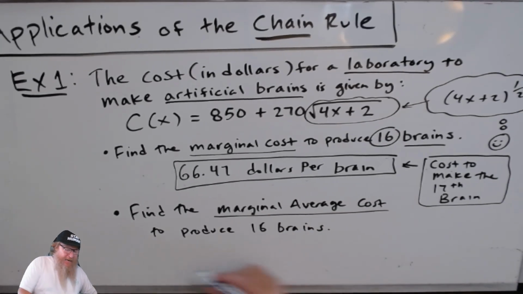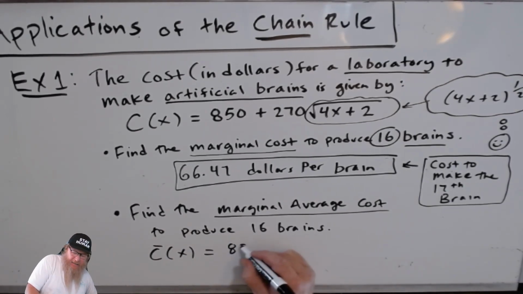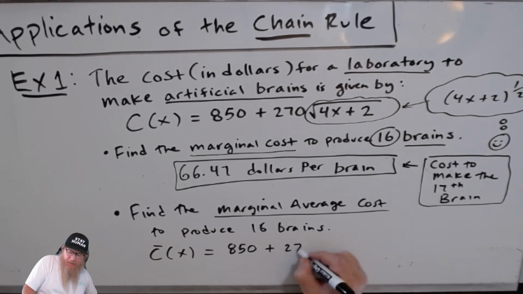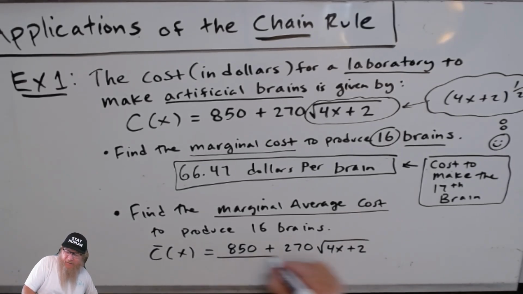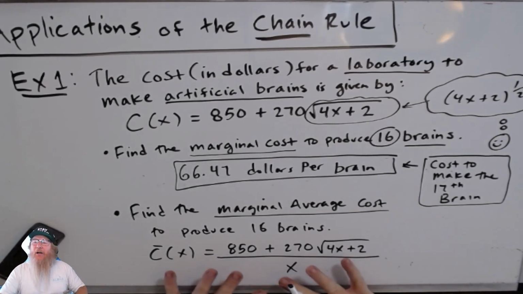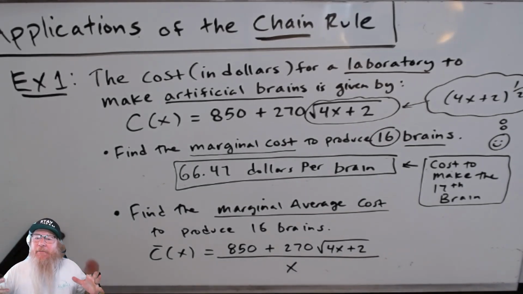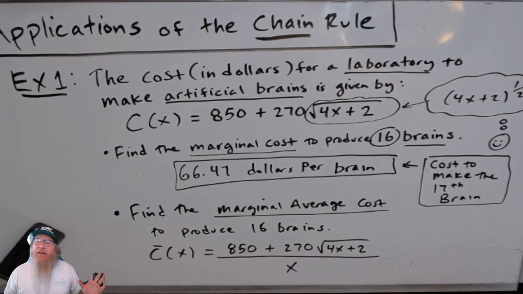So that's where we take the cost function, we divide it by x. So again, I said if you're curious about just what the regular average is, or simply average, you could stop right here and just plug in 16. All right, I am actually curious, so I did it before the video. It's about $190 a brain. Not too expensive to make an artificial brain.